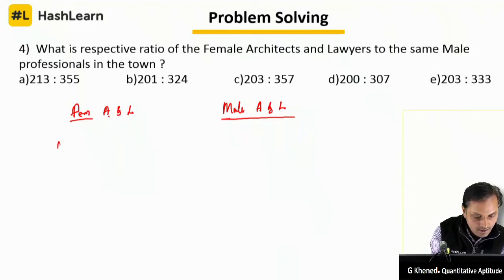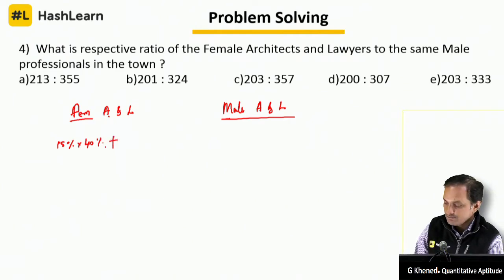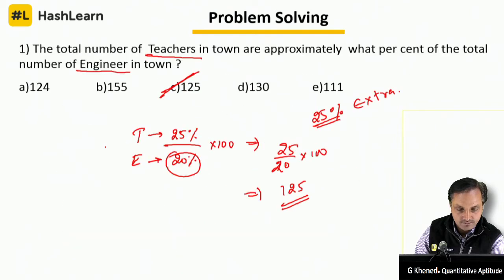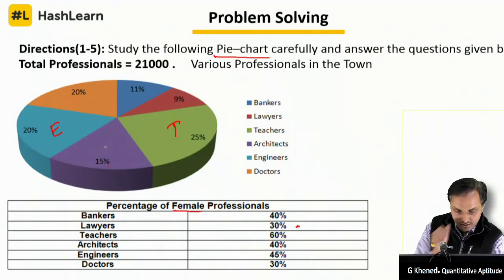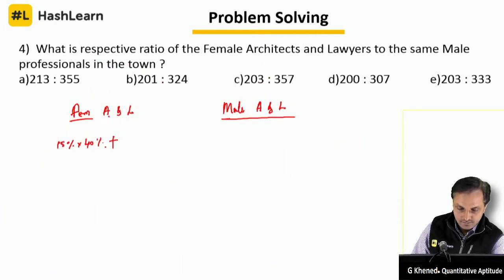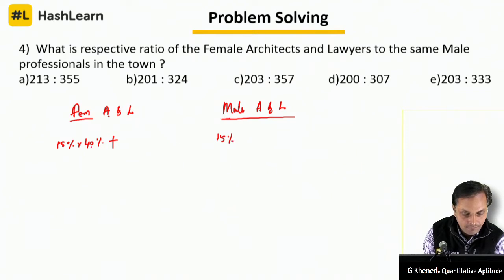Architects is 15% into 40% plus, and male will be 15% into 60%. Architects are female 40% means the remaining will be 60%.